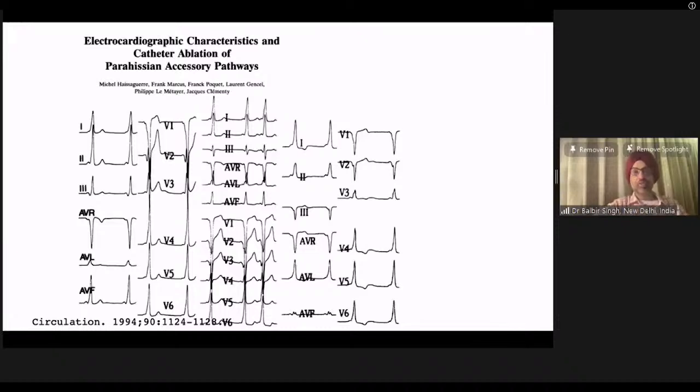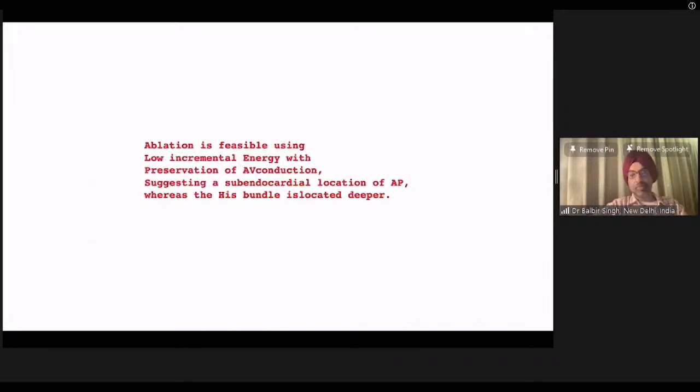So this was the first paper, and they defined parahisian pathways as when the earliest activation is when you record His, which is more than 0.1 millivolt, and you also record the earliest activation at that point. That is when you call it the parahisian pathway. And they also pointed out that V1 negativity, you can see the 3 ECGs, all 3 have V1 negativity, is one of the most important signs in an anteroseptal pathway versus an anterior free wall pathway.